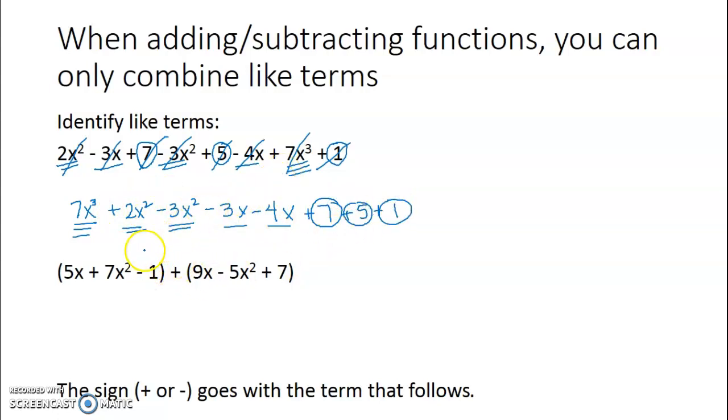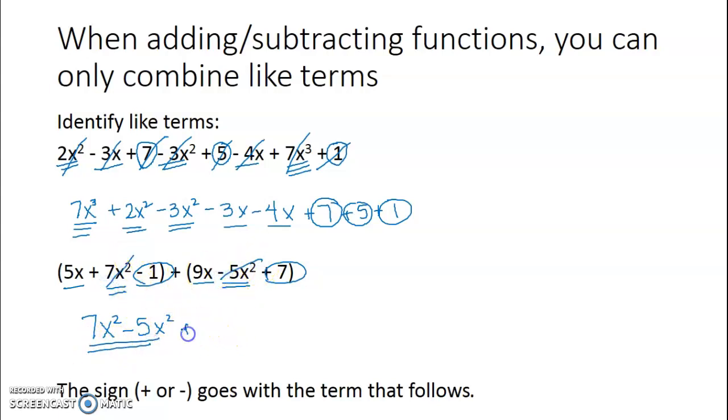Down here doing that again, I have a 5x and a 9x, and a 7x squared and a negative 5x squared. Then I have a negative 1 and a 7. So I can group them together. I'm going to start with my x squareds. That's those two.